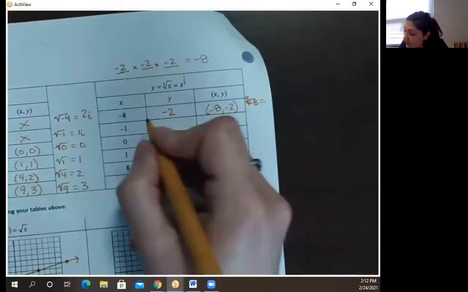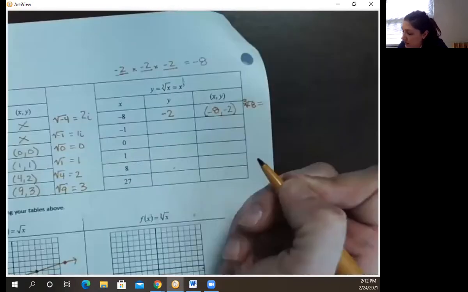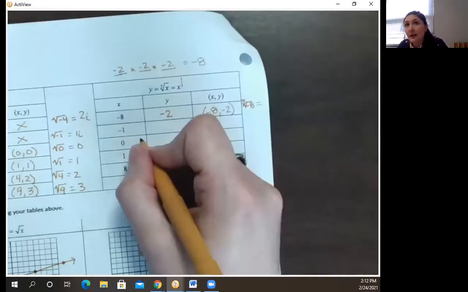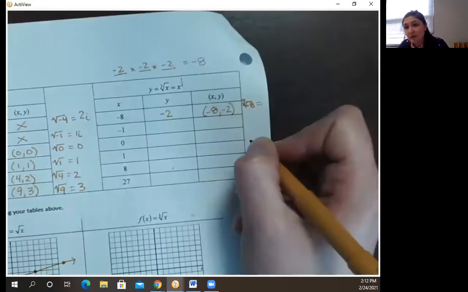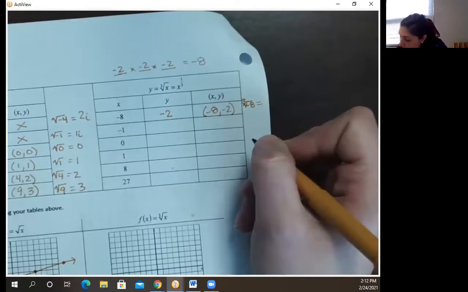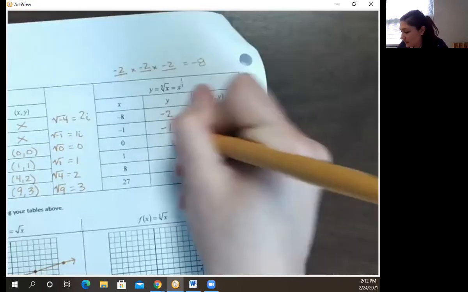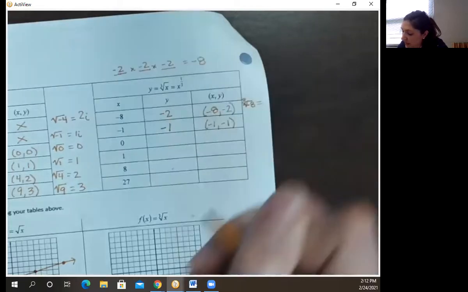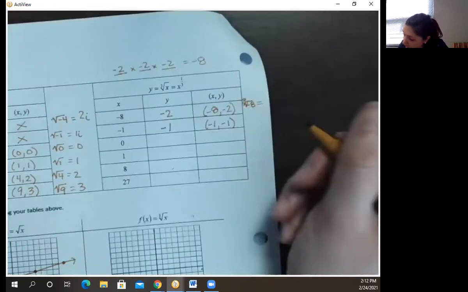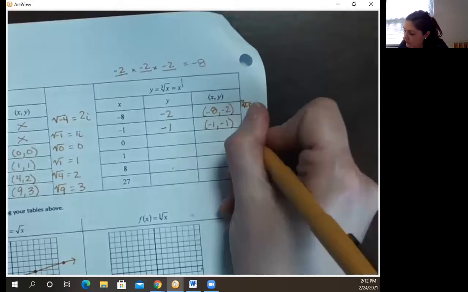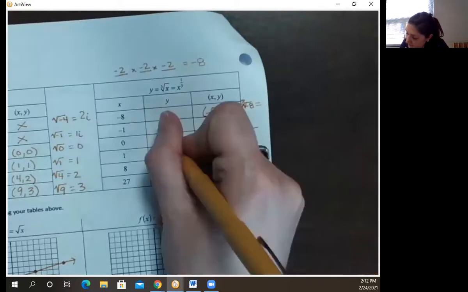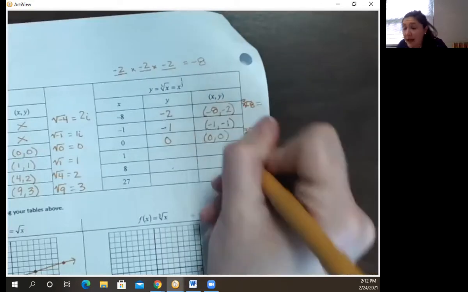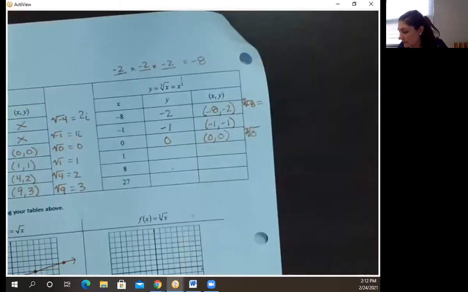The same with the cube root of -1. I want to know what multiplied by itself 3 times gives me -1. So the cube root of -1 would be -1. So I'd have the point -1, comma, -1. For 0, the cube root of 0 would be 0. 0 multiplied by itself 3 times would give me 0.